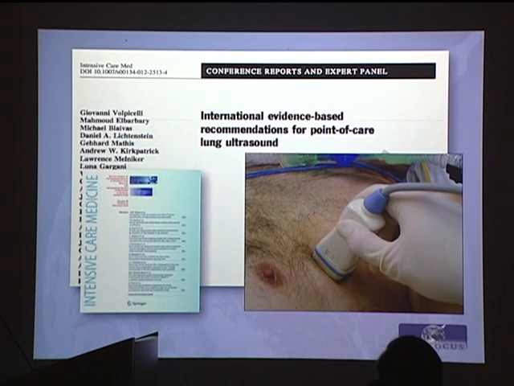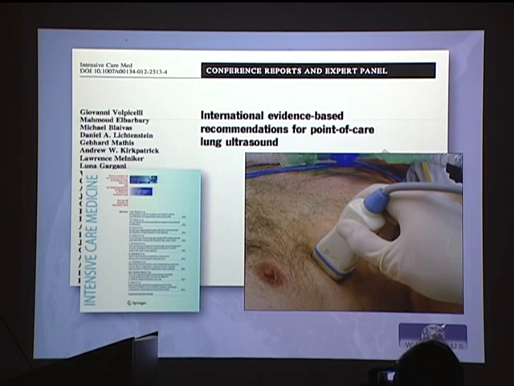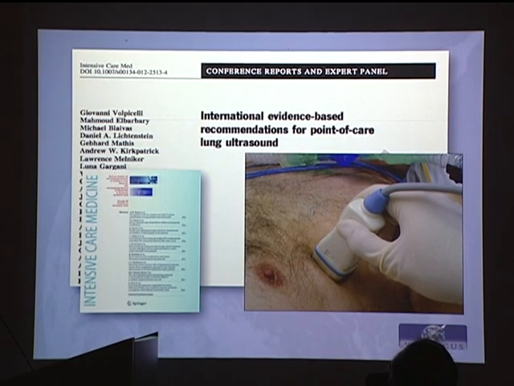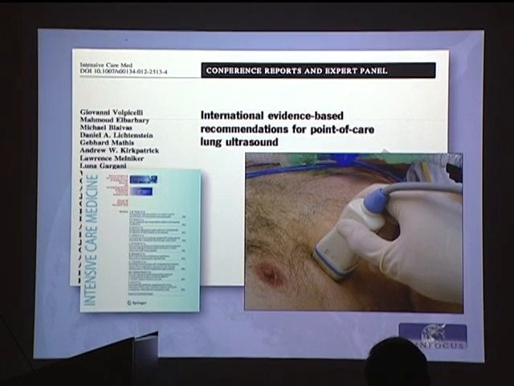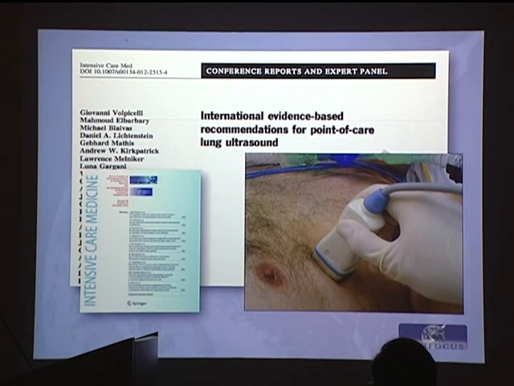Whatever we are mentioning about lung ultrasound in this course is already part of these guidelines that were written and published 2 years ago in the Intensive Care Medicine Journal, after 3 years of work, where a consensus of experts, and I was also part of this steering committee, overviewed the world literature about lung ultrasound, and together with methodologists graded all the literature and graded the consensus around the different literature outcome.